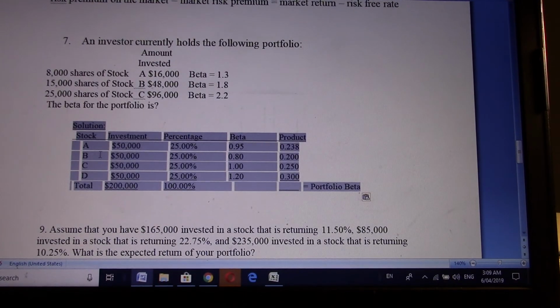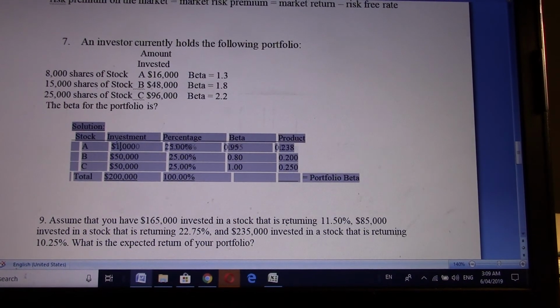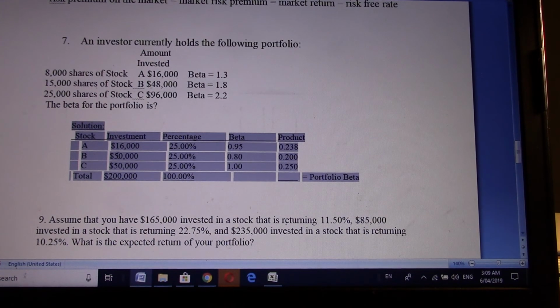For this question, we have 3 stocks. So we don't have D. Okay, so A is 1648, and D is 96. We need to add it up. So it should be how much? 160.